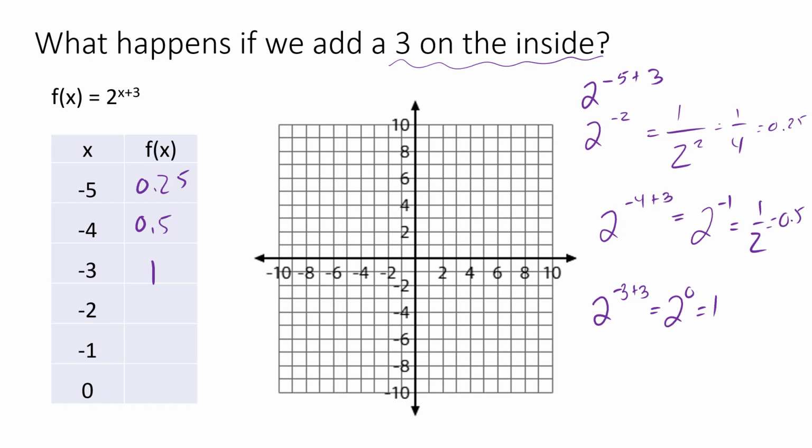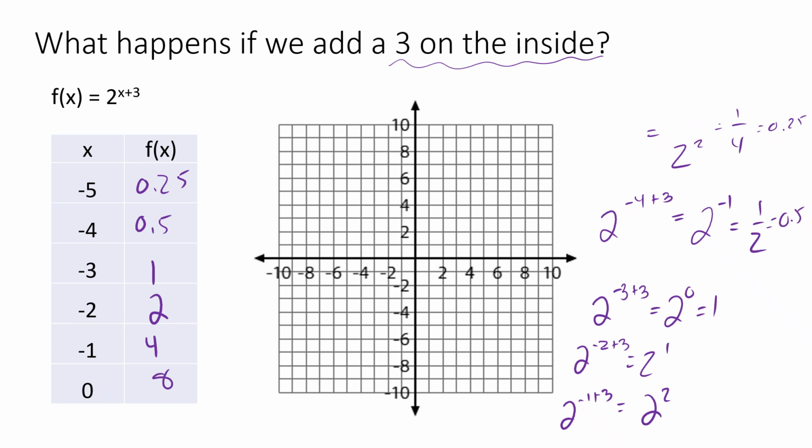So it kind of obscures that, but all right, if I plug in a -2, -2 plus 3 is 1, which would give me 2 to the first power, or 2. -1 plus 3 is 2, and 2 squared is 4, and 0 plus 3 is 3, and 2 to the third power is 8. So I'm going to come over here and just erase my scratch work because we do not need that scratch work.